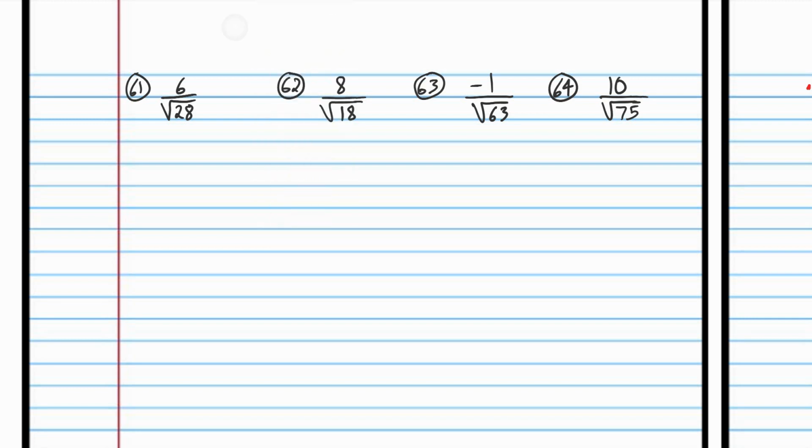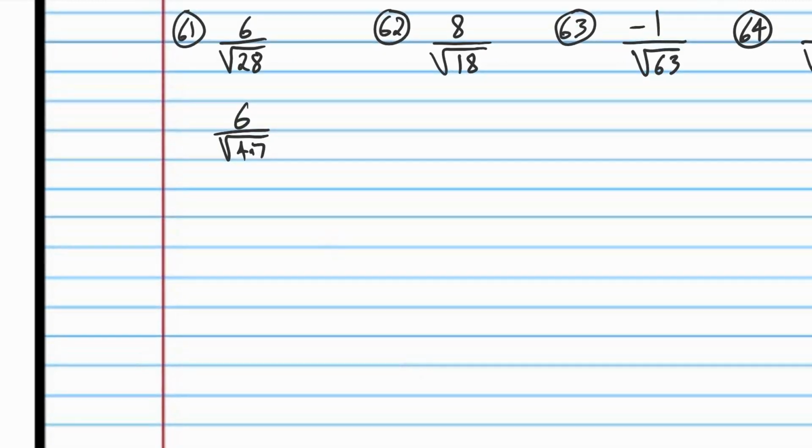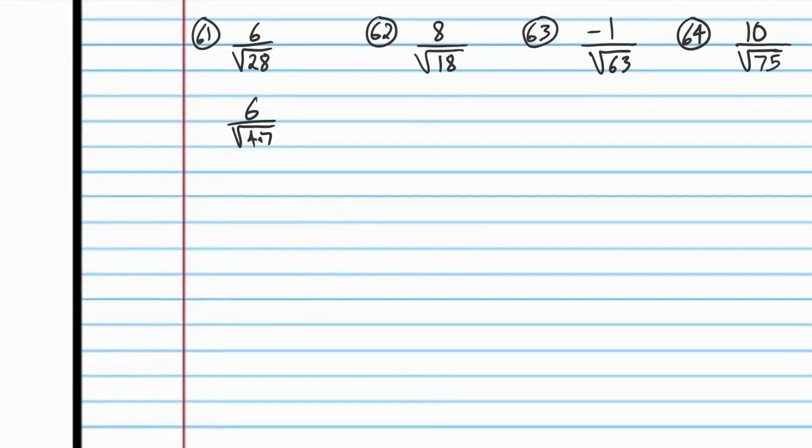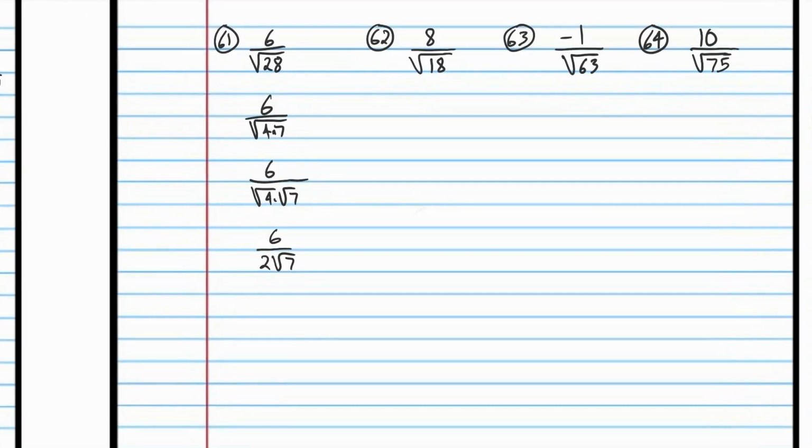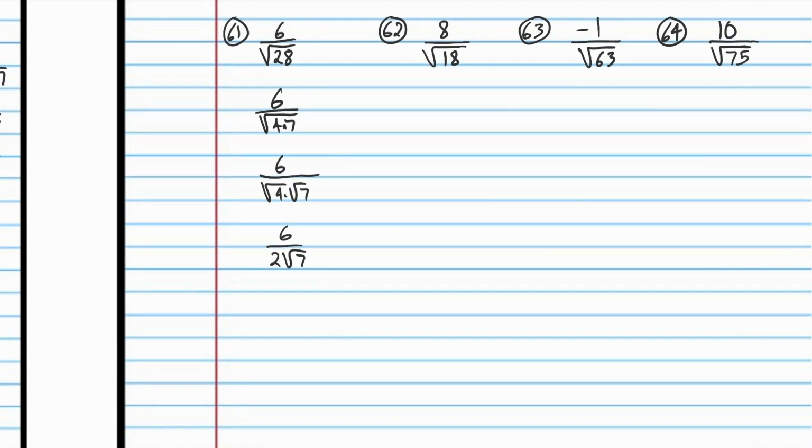All right, we're back. Four times 7. We pulled out the perfect square. Now we're going to rationalize the denominator.